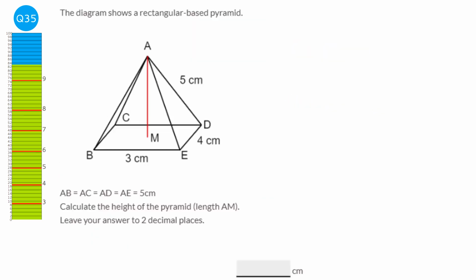I'm going to start off this question by finding length BD, and we do that by drawing a little right angle triangle down here. Let's draw that right angle triangle out. We've got a length of 4 on ED, length of 3 on BE, and we're looking for length BD. So we're going to use Pythagoras.